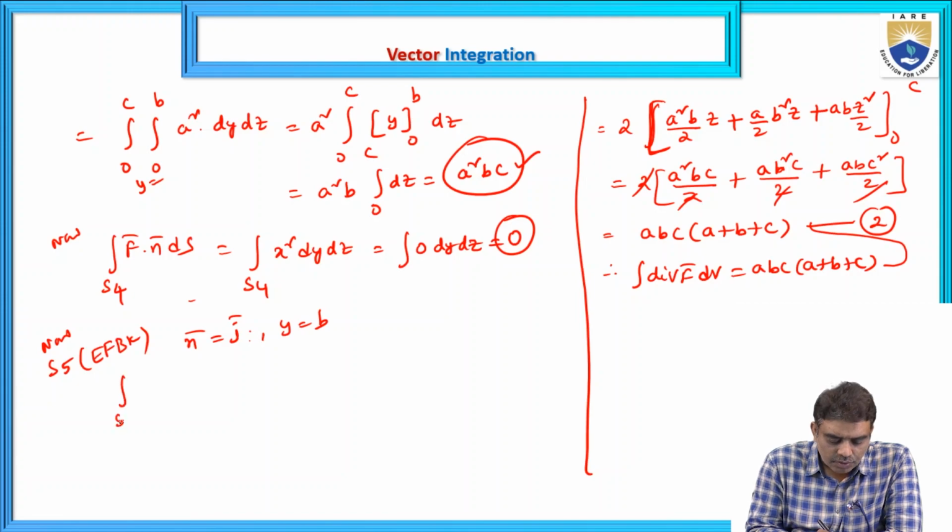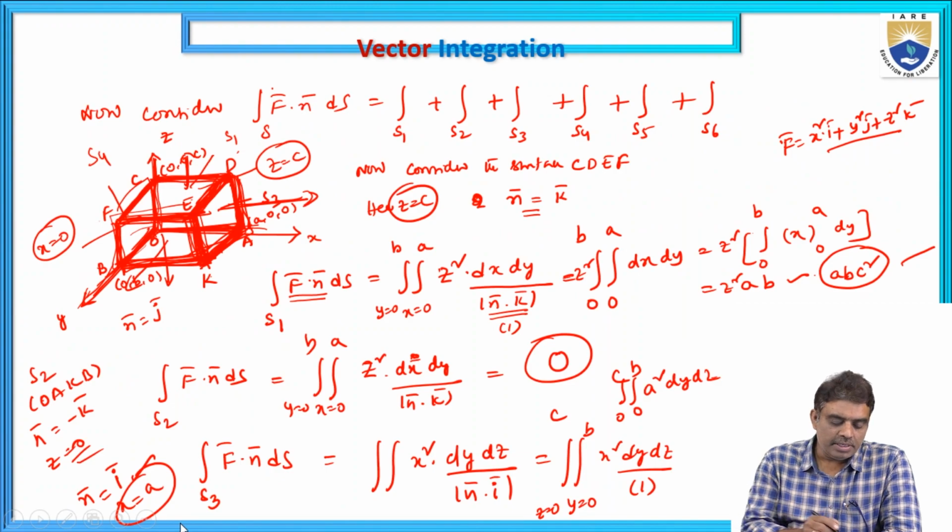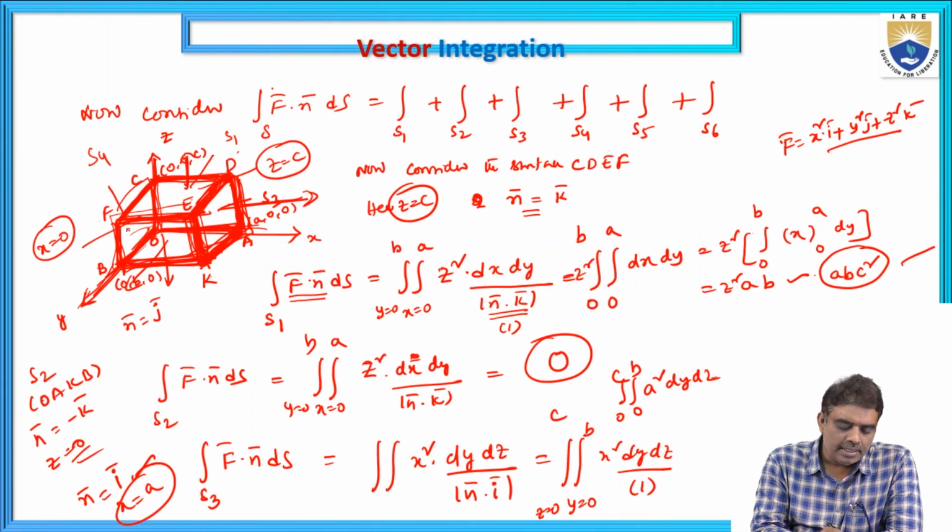Therefore, integral over S5 of f bar dot n bar dS. What is f bar? x square i bar plus y square j bar plus z square k bar, in dot product with j bar. So this is only y square, a double integral. The limits here: this is the z limit, and this limit is the x limit.